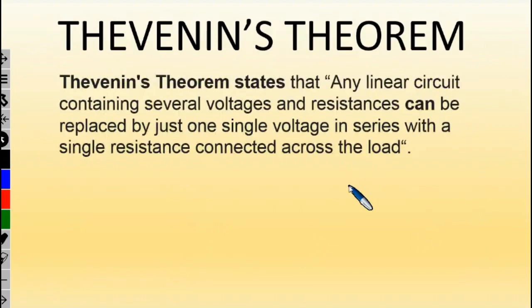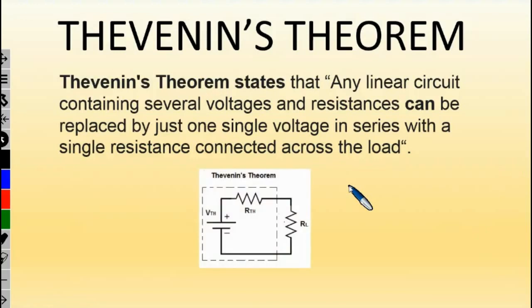Thevenin's theorem states that any linear circuit containing several voltages and resistances can be replaced by just one single voltage in series with a single resistance connected across the load.